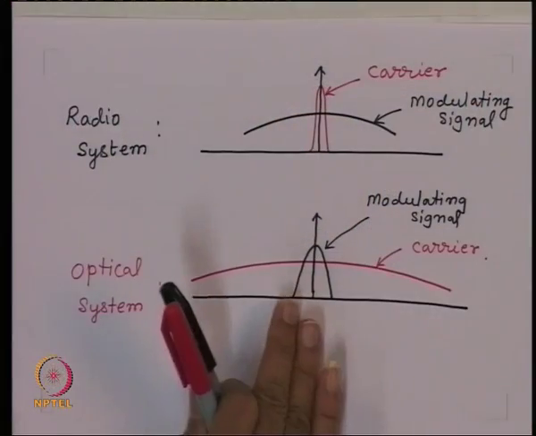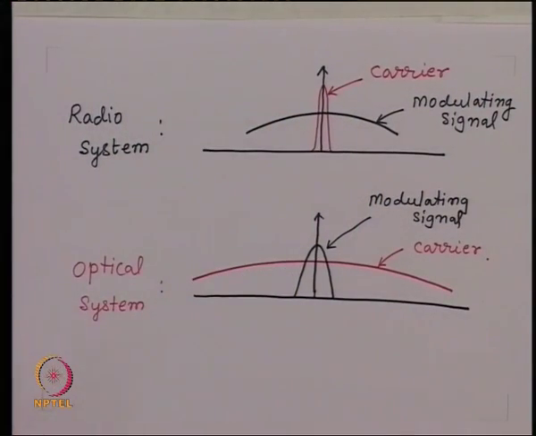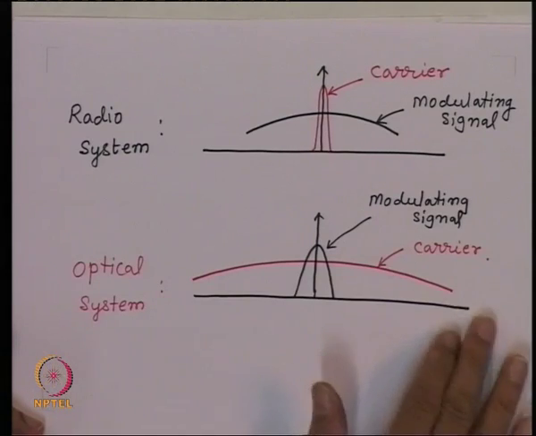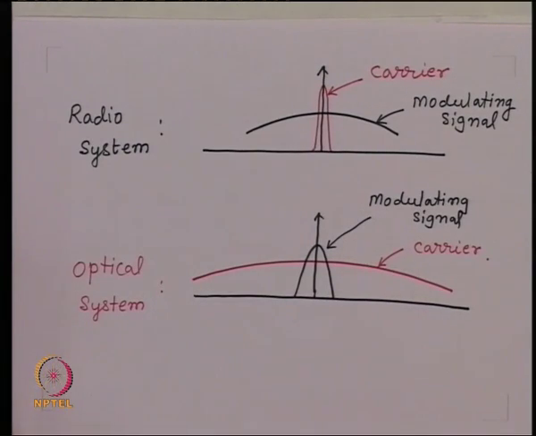Whereas in a radio system, we have a very clear-cut signature of the modulation, because we could see the sidebands very clearly. And that is the reason we could employ either the spectral domain technique or the time domain technique. But for the optical system, there is no signature of the modulation process in the spectral domain, because the spectrum is more or less decided by the carrier spectral width.